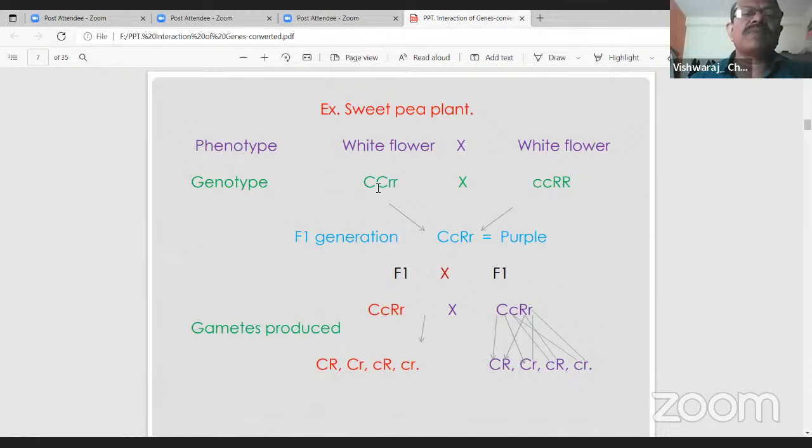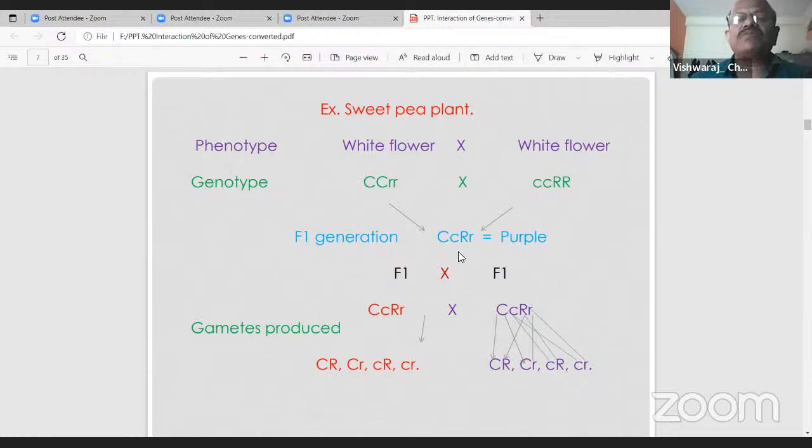Here there is only one capital C, capital R, or only one capital R. They produce from this capital C, both homozygous. A common taken only one capital C, and this small c taken a common small c, and capital R from these two are taken capital R and this small r.